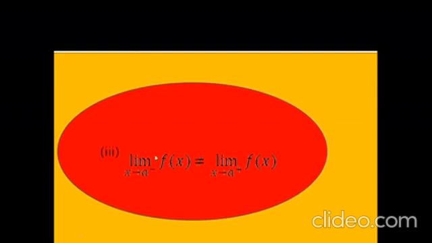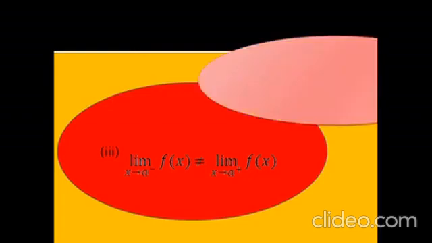It means both values are not the same. So the left hand limit is not equal to the right hand limit, and if both limits are not equal to each other, again the function is discontinuous at x is a. Look at the fourth point.